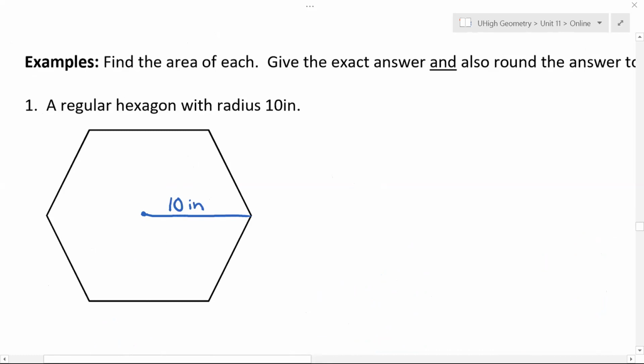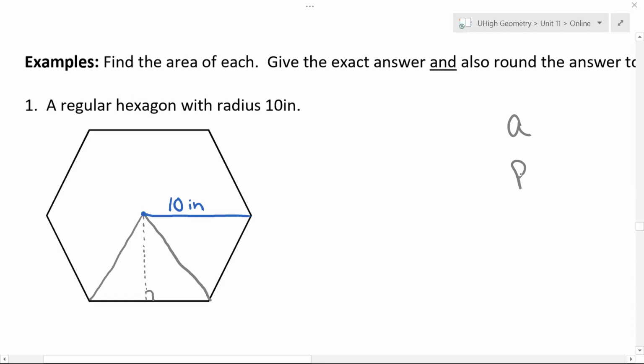And so now I want to draw in one of those triangles that I'm going to be finding the area of. And I have my apothem going perpendicular. So now I'm going to need to find both my apothem and my perimeter before I can solve this one.